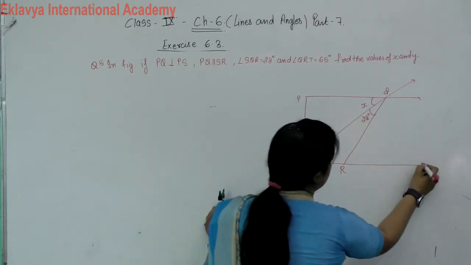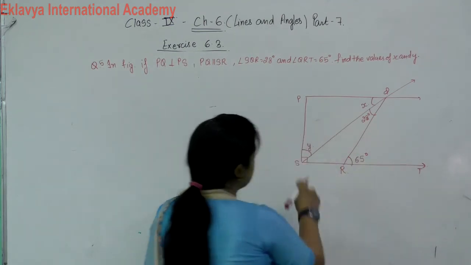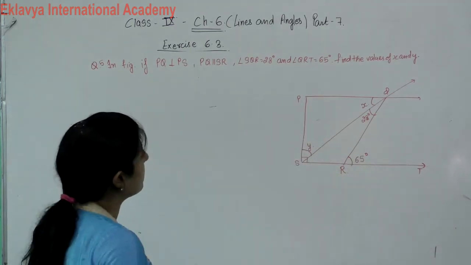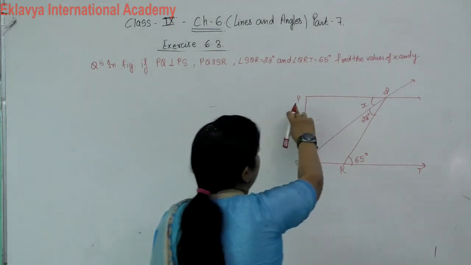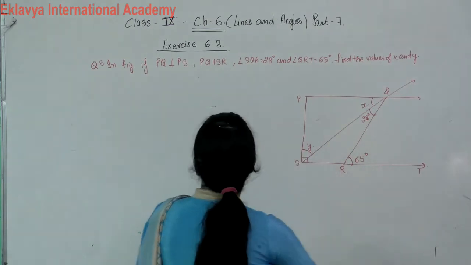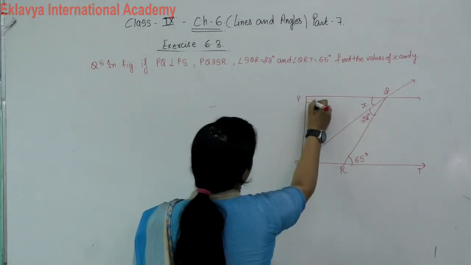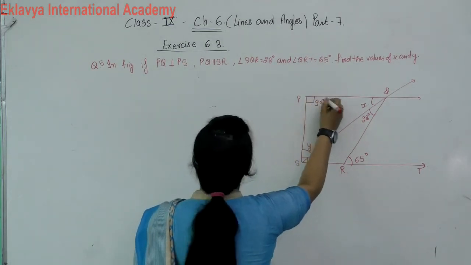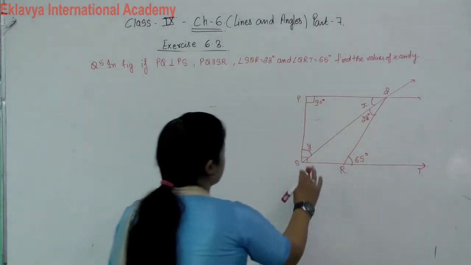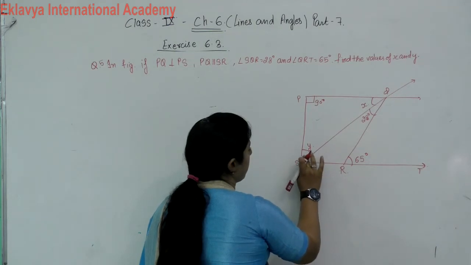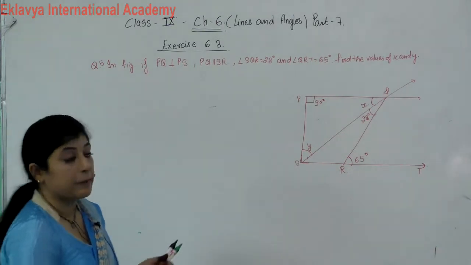QRT, here T, QRT is 65 degree. Find the value of X and Y. And one thing is given to you, PQ is parallel to SR and PQ is perpendicular to PS, which means this one is also 90 degree. Sorry, this one is not given to you as 90. Now find the value of X and Y.